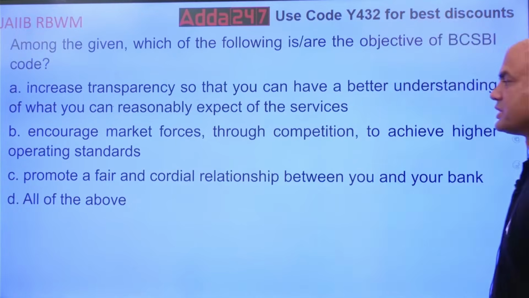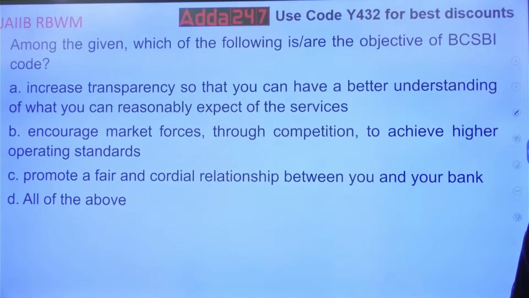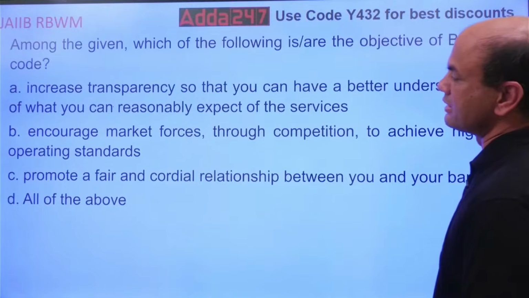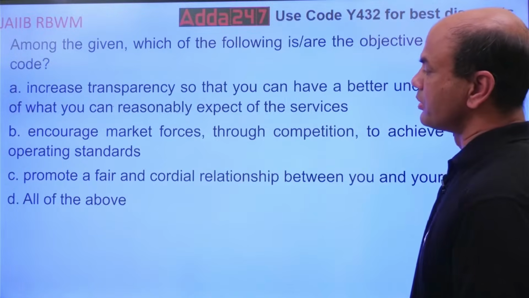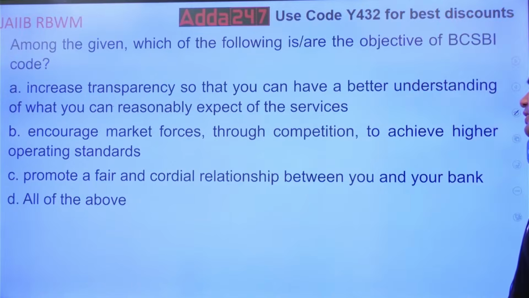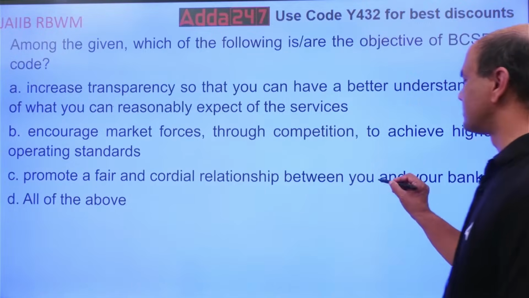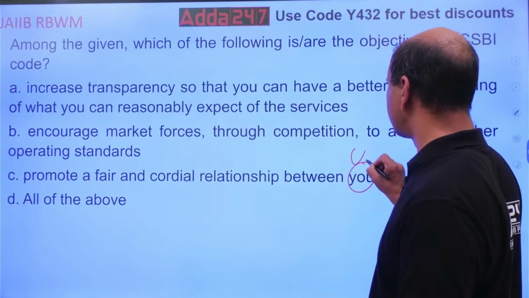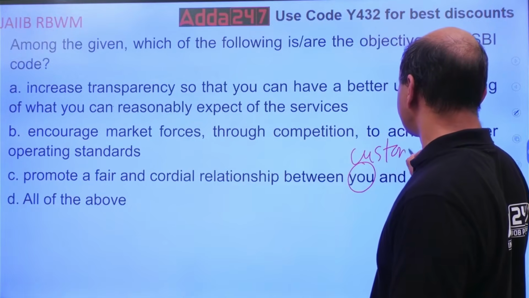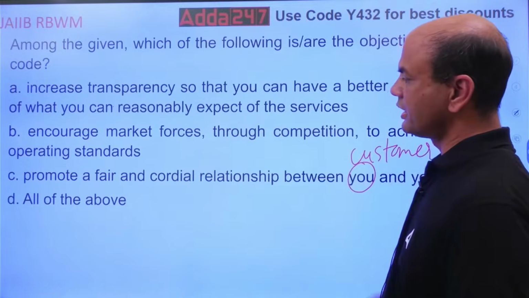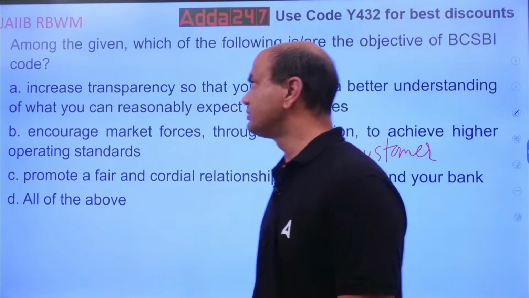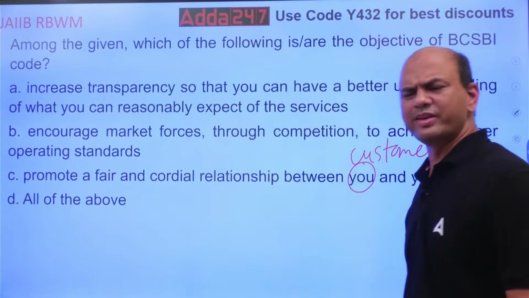Encourage market forces through competition to achieve higher operating standards. Promote a fair and cordial relationship between you, the customer, and the bank. And all of the above. So what is the answer? Think about it. Very simple one.